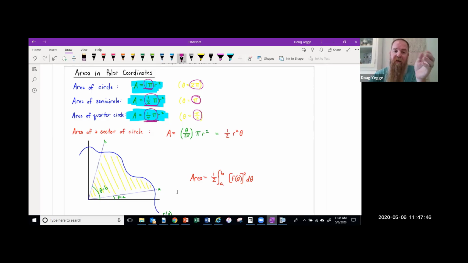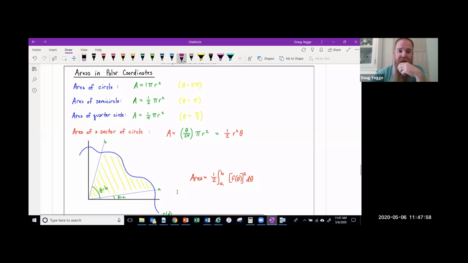You should realize here that this is really just half of whatever angle it is that we turned through. So in general, what we should notice is that the area of some sector of a circle is going to be r squared, obviously, times half of the angle that we turn through. So this is the area of any sector of a circle.